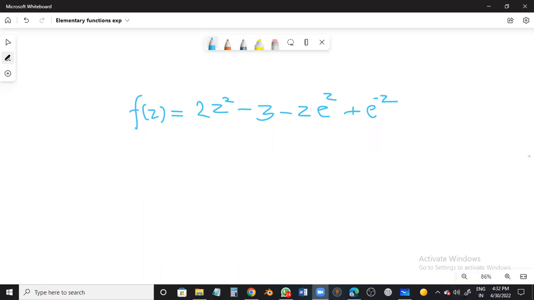Yes, it is differentiable everywhere. Yes, it is analytic everywhere. And analytic everywhere itself means it is differentiable everywhere in the neighborhood of each point. And that is why it is entire. Is it okay? So by entire, I mean that it is analytic at every point and it is differentiable at every point. Got it?